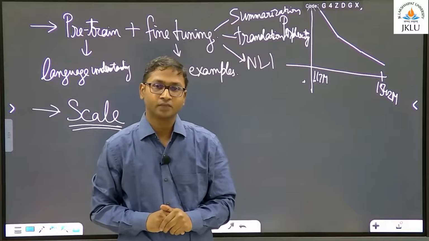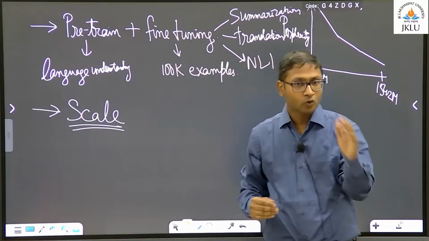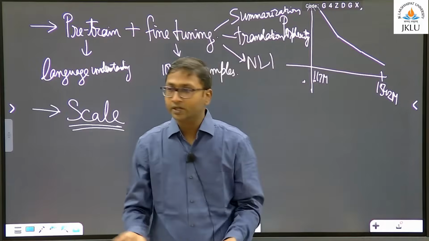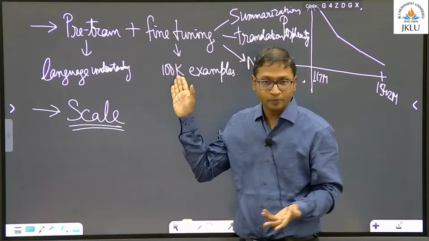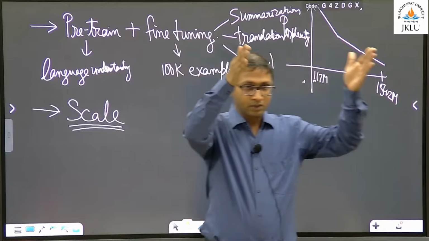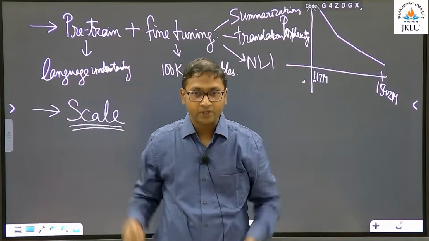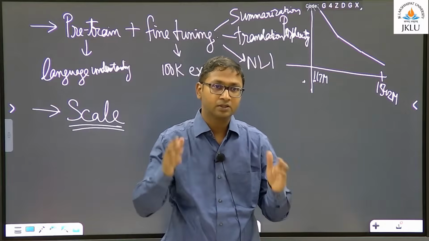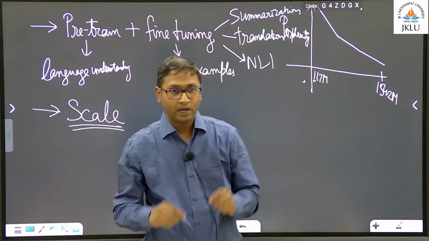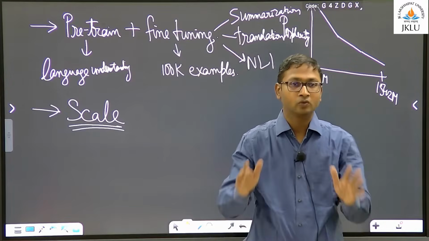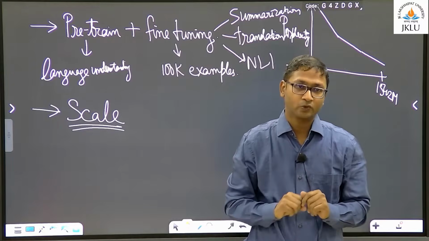Or if you know both English and Hindi, I don't need to show you thousands of examples of an English-Hindi parallel corpus to enable you to learn translation. I give you the first example and you know what the task is, what you are supposed to do.